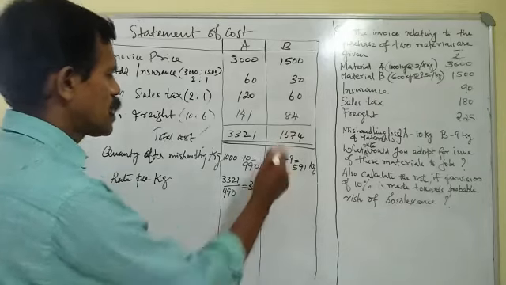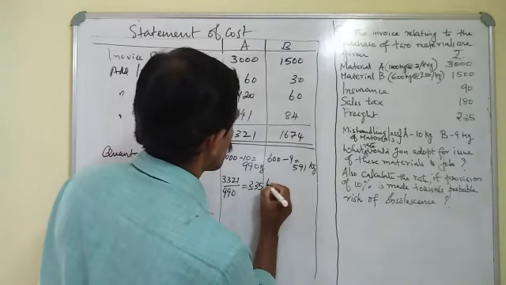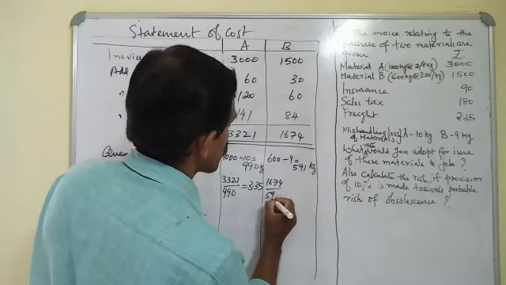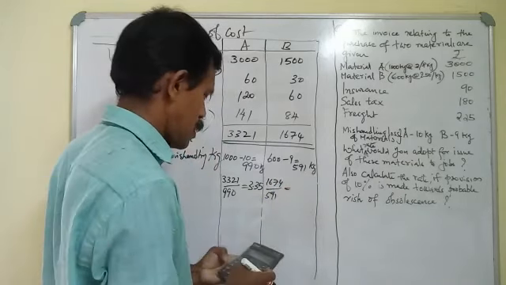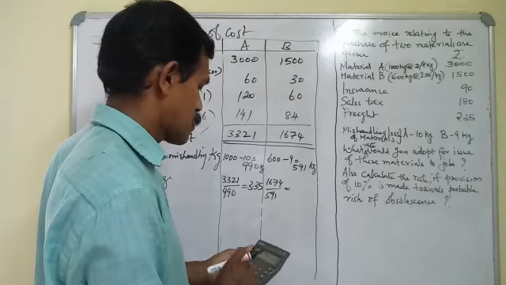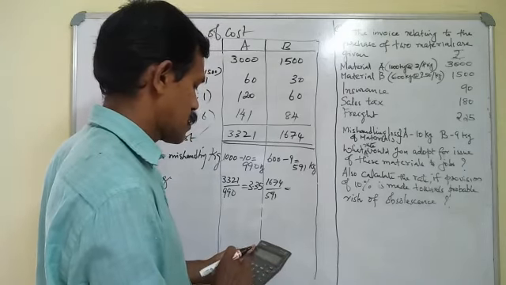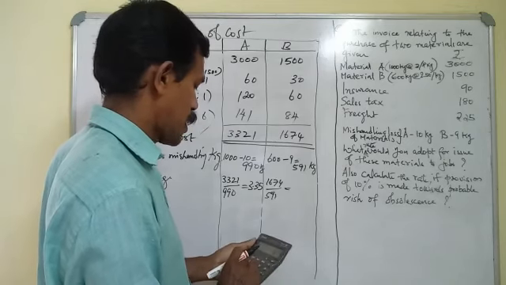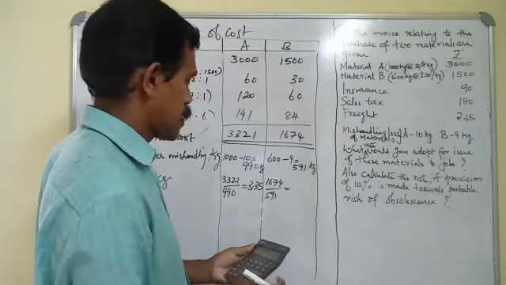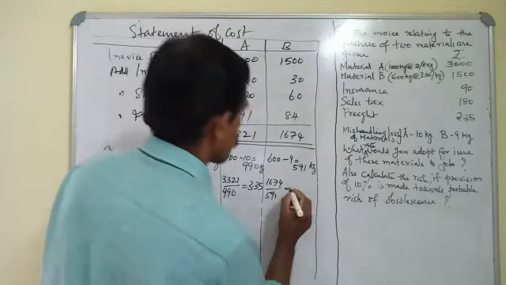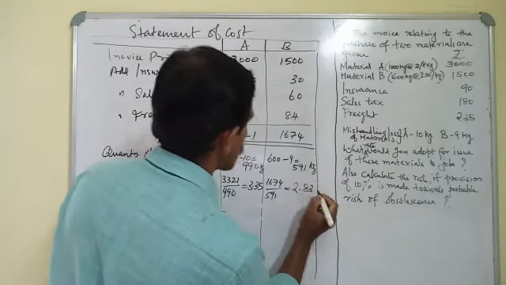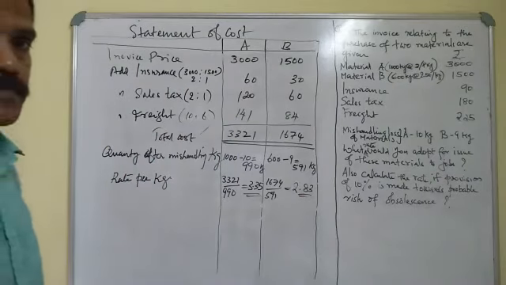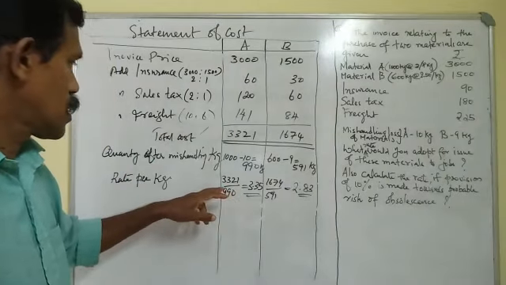Then for B, the cost is 1674, that divided by 591, is equal to 2.83.